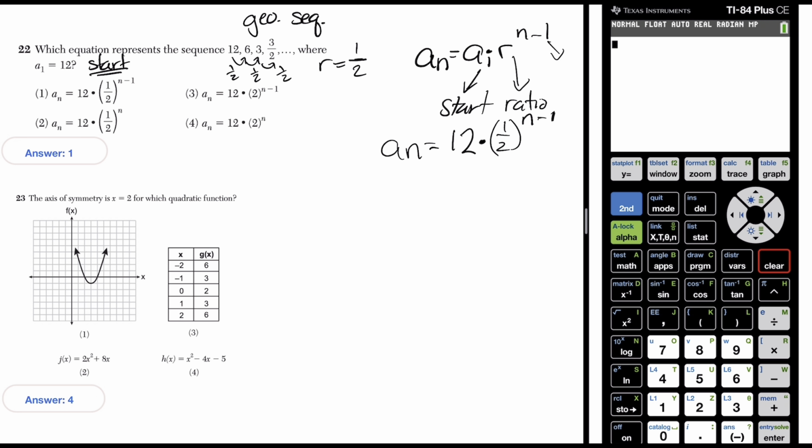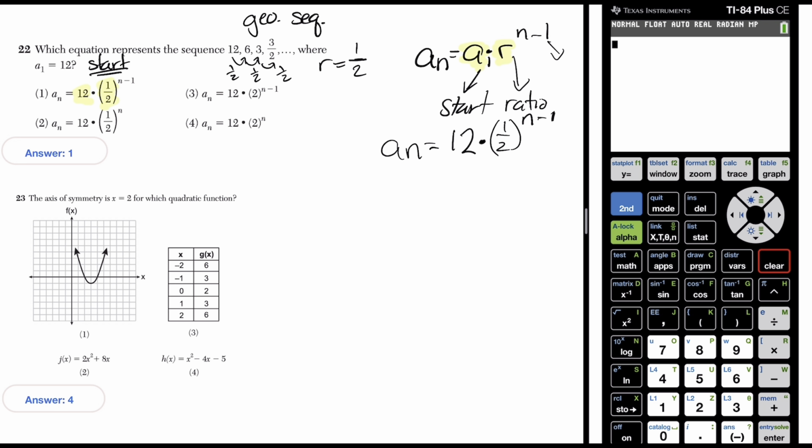We could just leave it like here. And if they want the 100th, I would do 100 minus 1. So that's all I'm doing, I'm literally just substituting a1 and r. And the one that matches it is number 1, where I substituted my a1, which is 12, and my ratio 1/2, and everything else stays the same. That's all you had to sub here.